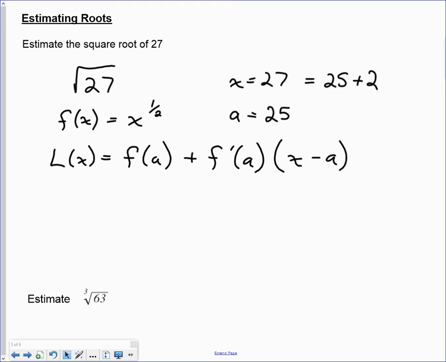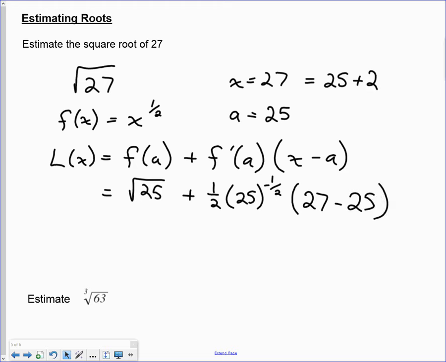If a is 25, f at a is going to be the square root of 25. f primed is going to be 1/2 times 25 to the -1/2. I'm just taking the derivative and subbing in the value of a. The x value that we're interested in is 27, and our a value is 25.